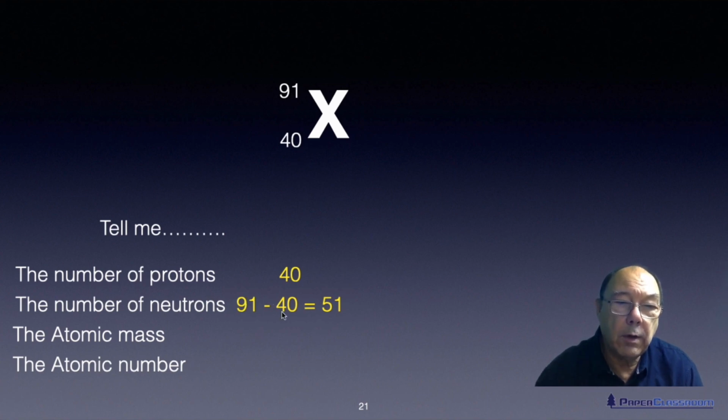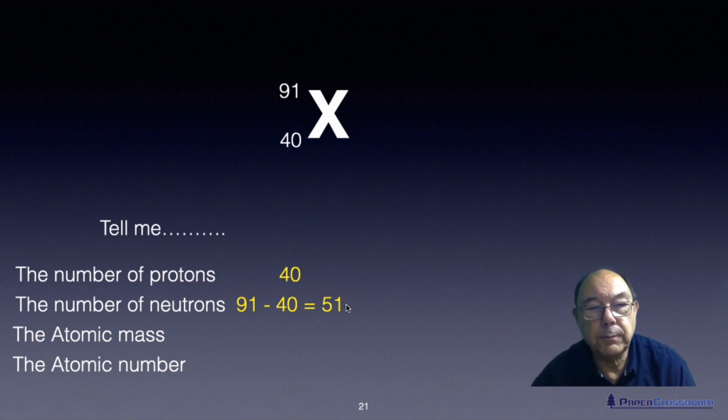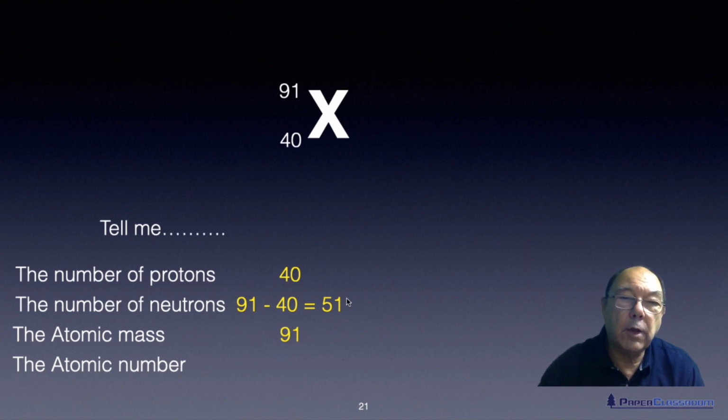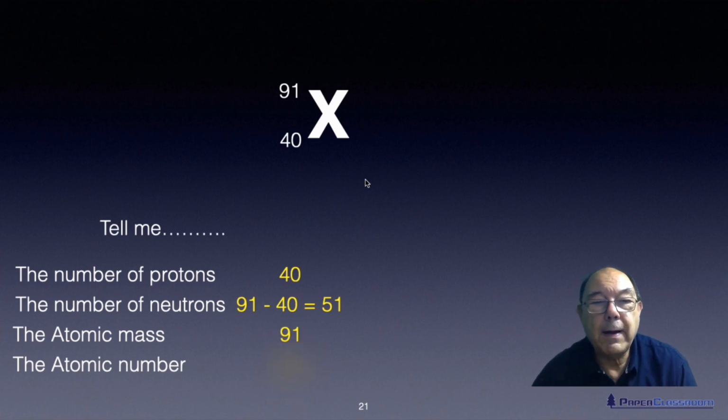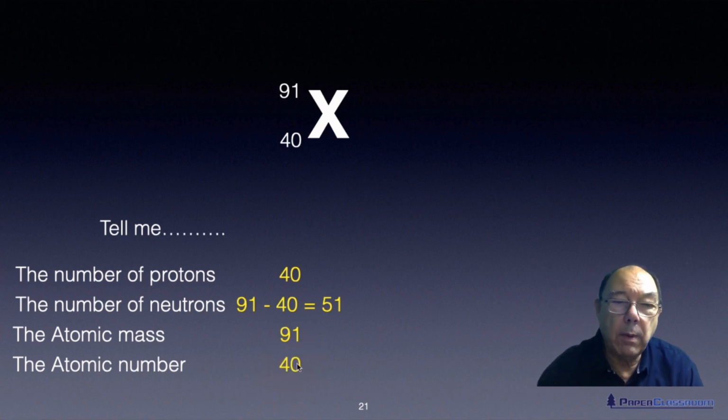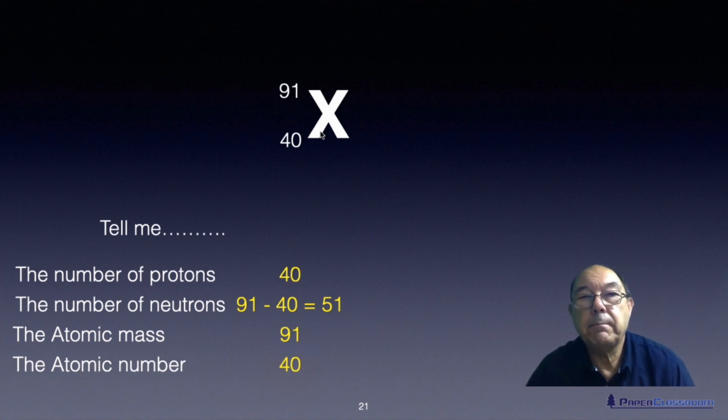So 91 minus 40 equals 51. So there are 51 neutrons in that particular nucleus. Its atomic mass is 91. That's the higher value figure. And finally, the atomic number is the number of protons, which is 40.